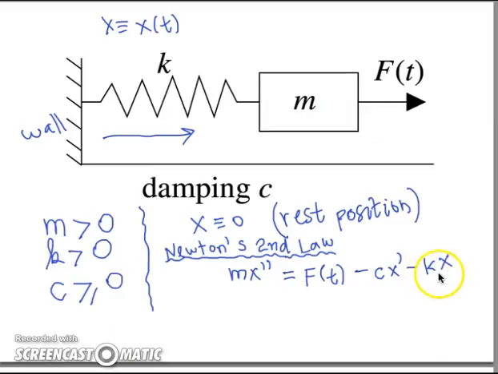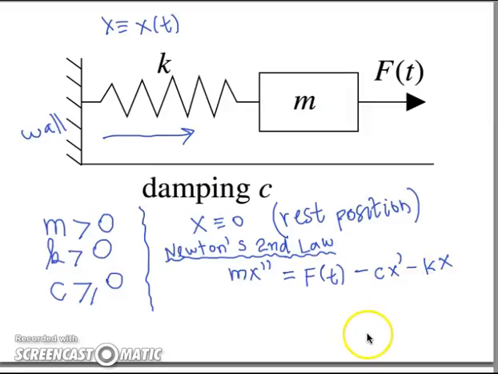The term kx has to do with the fact that the force exerted by the spring is proportional to the compression of the spring in virtue of a law called Hooke's law. And there is a sense of negative direction, as in the standard derivation or application of Hooke's law.